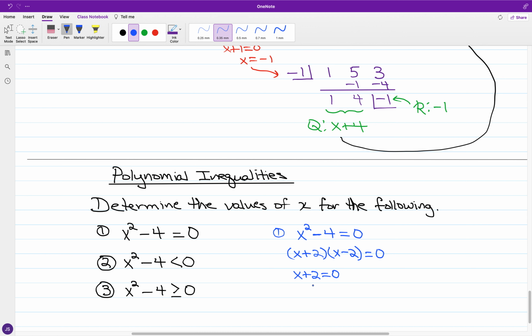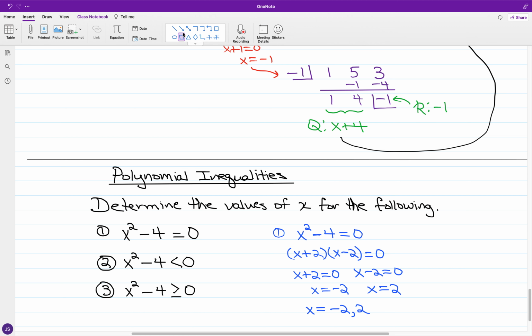From x plus 2 equal to 0, we have x is equal to -2. And for x minus 2 equal to 0, we have x is equal to 2. Okay, so you have x equal to negative and positive 2.